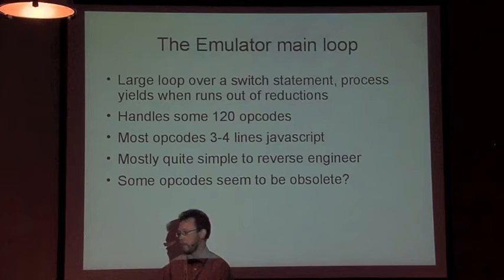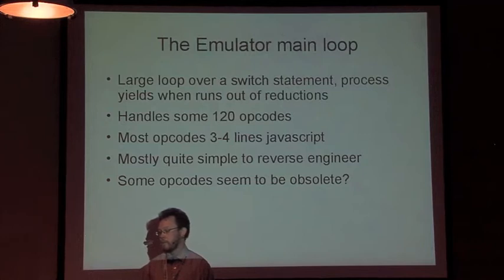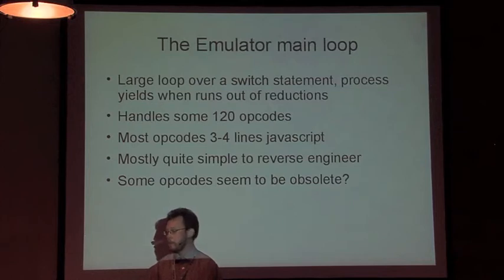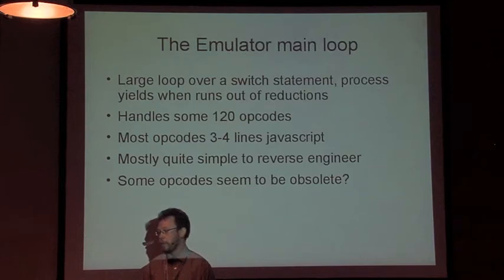And it handles some 120 opcodes today, more or less. I would say less when it comes to bit strings. I would say more when it comes to the very basic operations. Most opcodes are 3 to 4 lines of JavaScript.